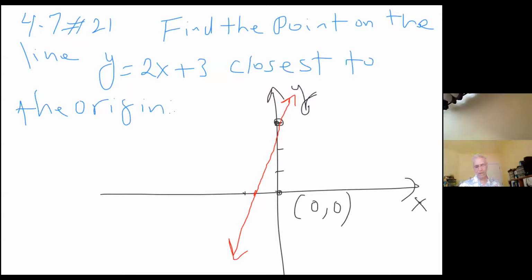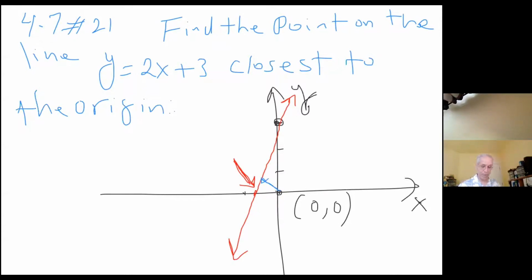Many times students think that it would be this point right here, since they think that the straight line is the shortest distance, but actually it's not true, because there must be a point somewhere up here that is shorter.